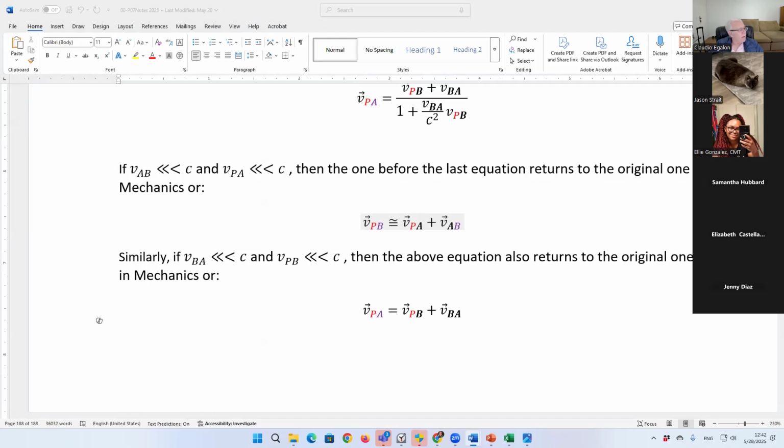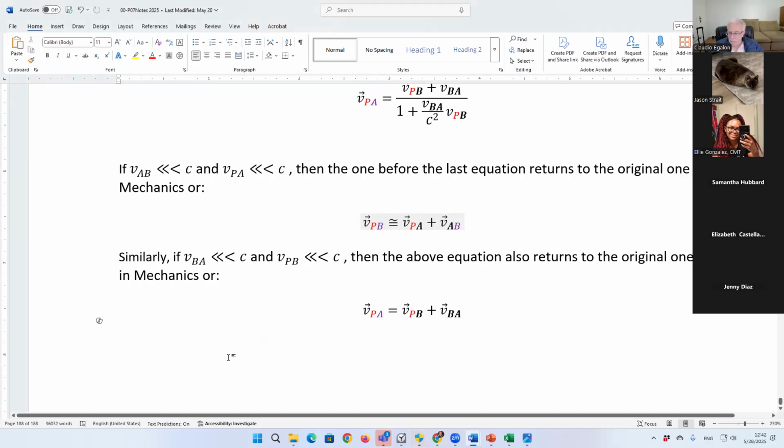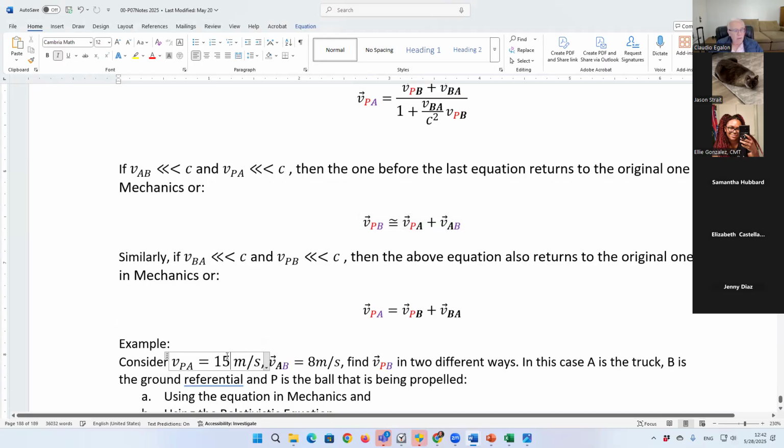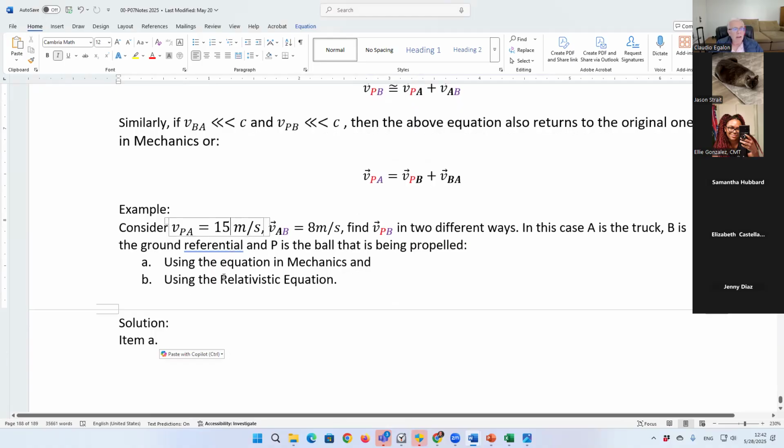Okay, let's do an example so you can have an idea of the orders of magnitude. Consider VP of A equal to 15 meters per second, VA of B 8 meters per second.